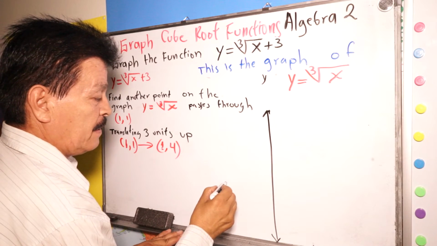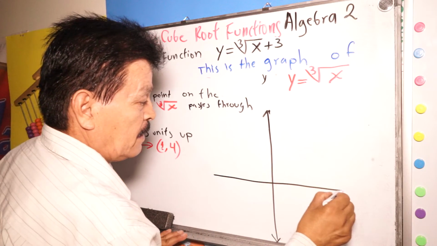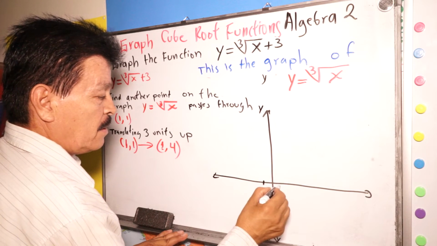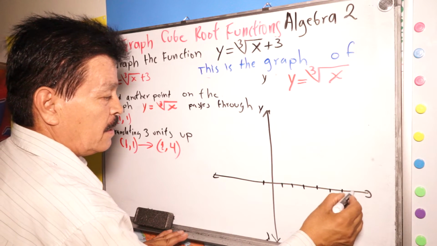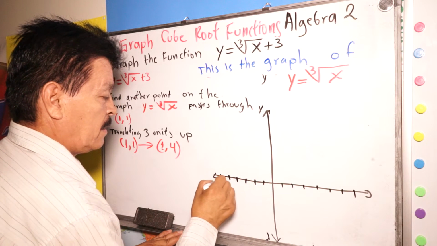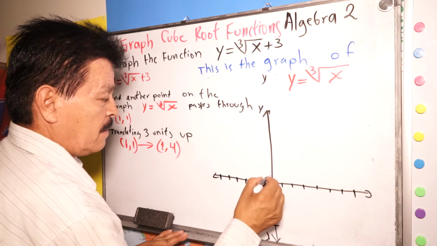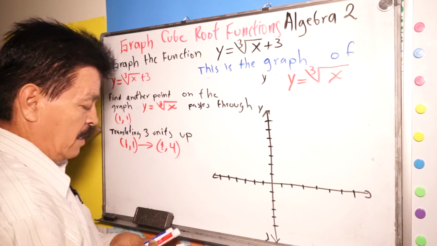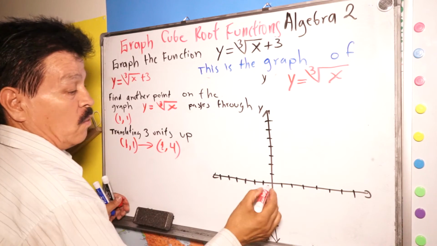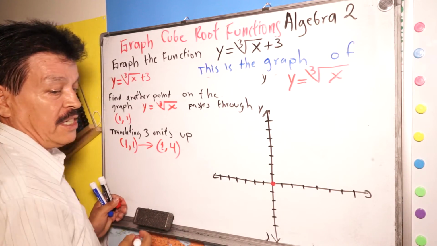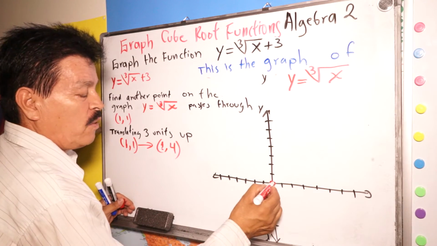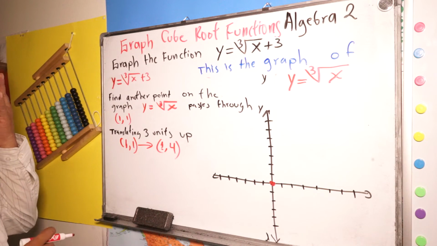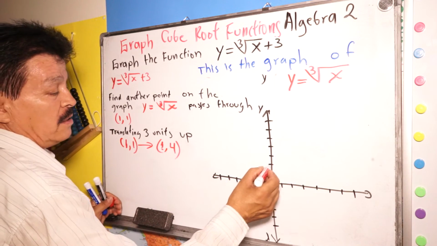So this is y. All right, there you go. Remember that this graph was over here at the origin, but we moved from here 3 units up. 1, 2, 3 is right here.